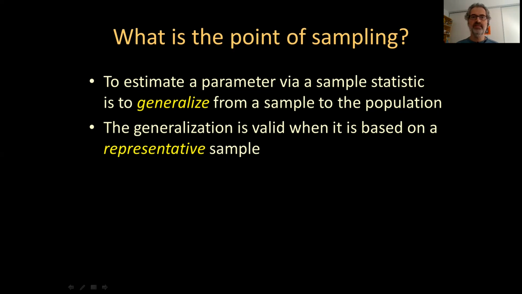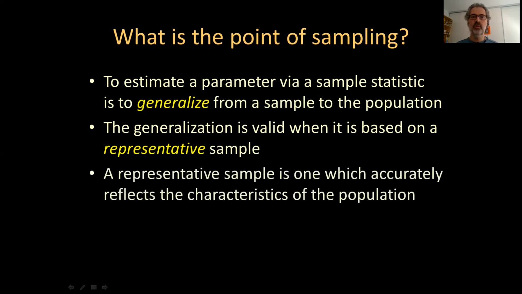What is a representative sample? It is one which accurately reflects the characteristics of the population with respect to whatever you're interested in. So if you're interested in finding out what the average height of human beings is, if you sample only Norwegians and Dutch, you probably aren't going to get a very good estimate.